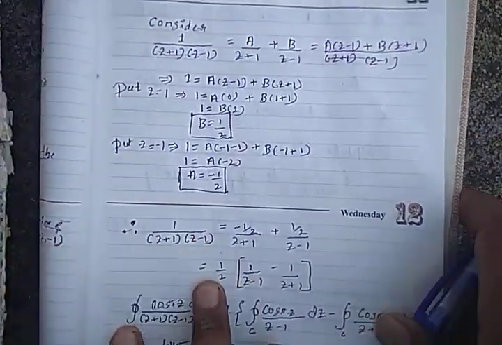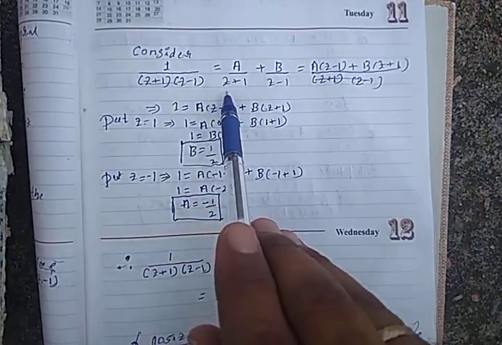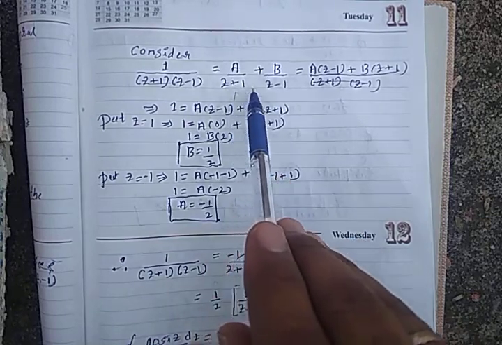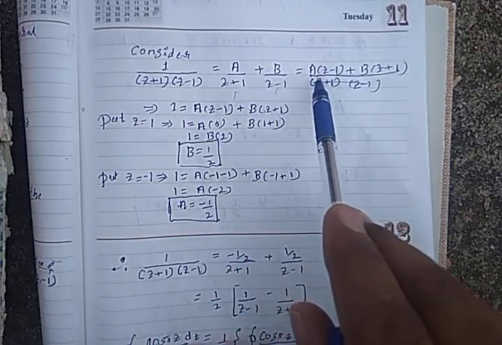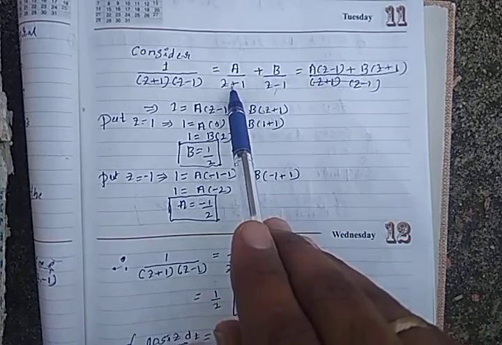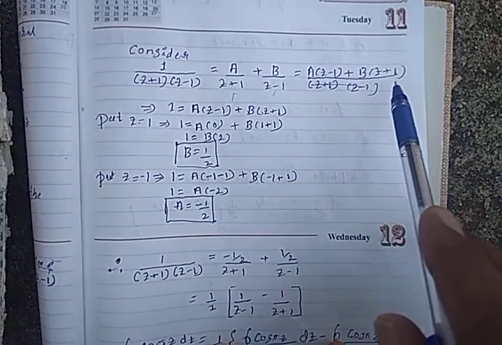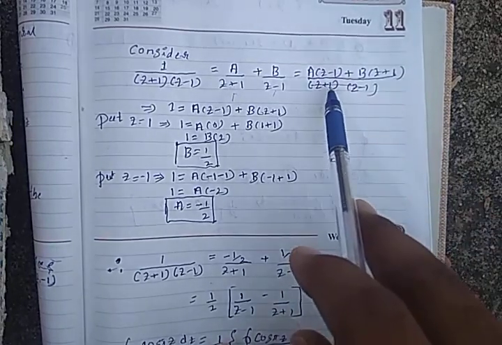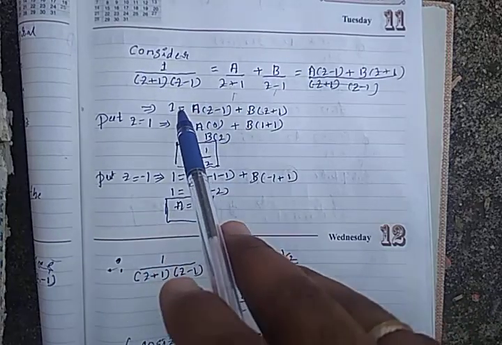consider partial fractions, that is consider 1 divided by z plus 1 into z minus 1, which is equal to a divided by z plus 1 plus b divided by z minus 1. By taking LCM, that is a into z minus 1 plus b into z plus 1 divided by z plus 1 into z minus 1. The denominators get cancelled.